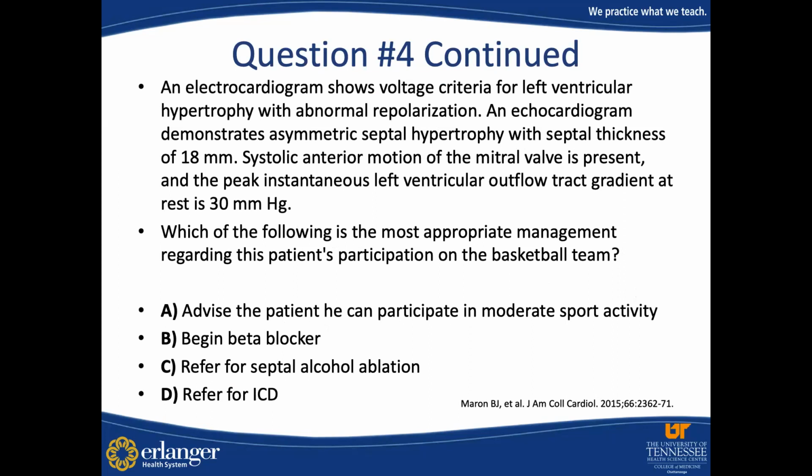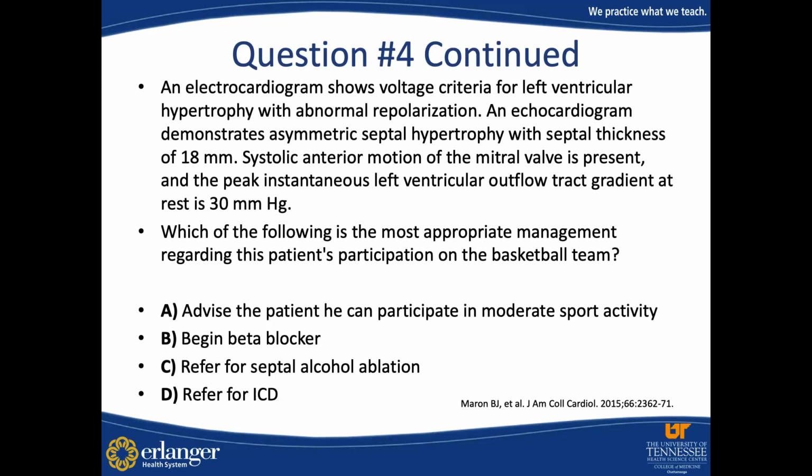So you get an echo, and you're like, he has asymmetric septal hypertrophy. His thickness is 18 millimeters, so higher than 15. And then they say there's systolic anterior motion of the mitral valve. So what's happening is the mitral valve opens during diastole, right? Because that's when the LV fills. So your mitral valve, your anterior leaflet shouldn't go towards the septal wall during systole, because during systole it should be closing.